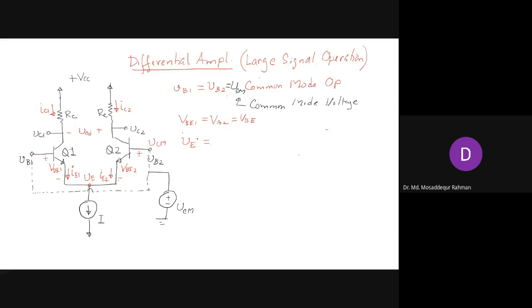Then what do we get? VCM minus VBE. That is VCM minus VBE. That's pretty straightforward, no? Voltage here is VCM. Then you have a drop of VBE, so VCM minus VBE is the voltage at this point.